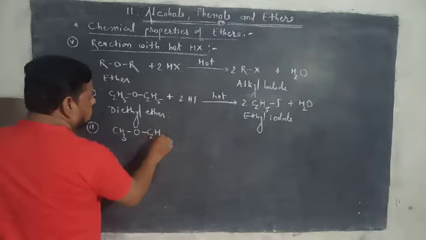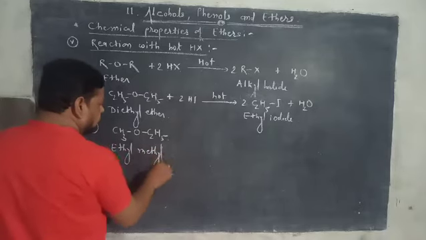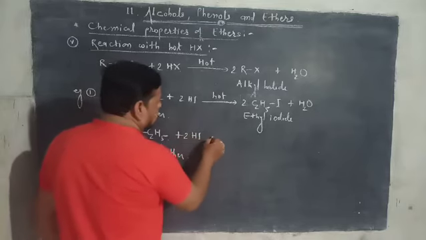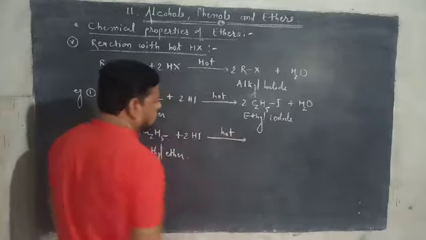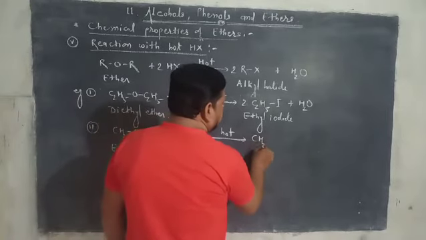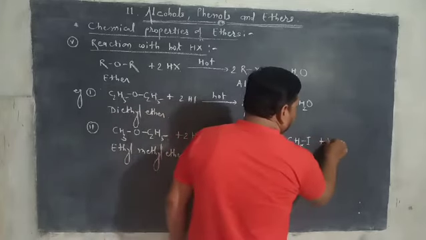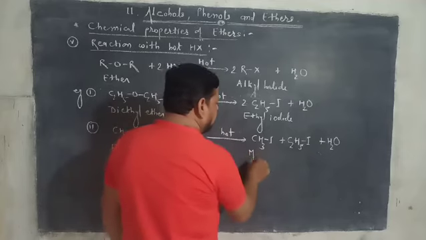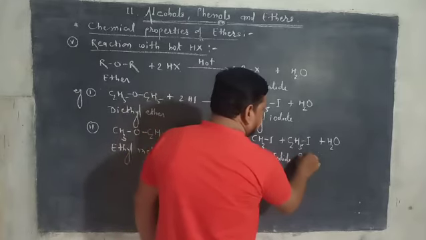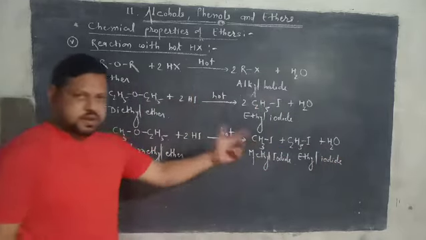CH3O C2H5, ethyl methyl ether, is heated with HI, then it gives CH3I, that is methyl iodide, C2H5I, this is the ethyl iodide, and water.